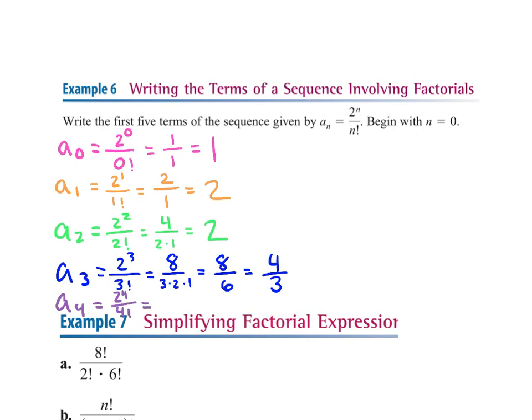So what's 2 to the 4th power? 16. And 4 factorial is 4 times 3 times 2 times 1, which is 24. So 16 over 24. What does 16 over 24 simplify to? 2/3. Awesome. So these are our first 5 terms.